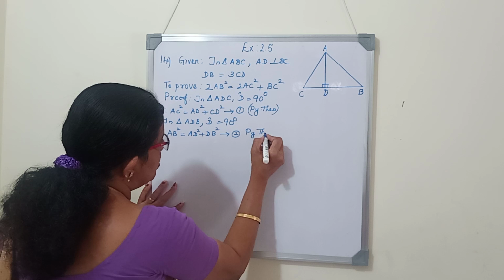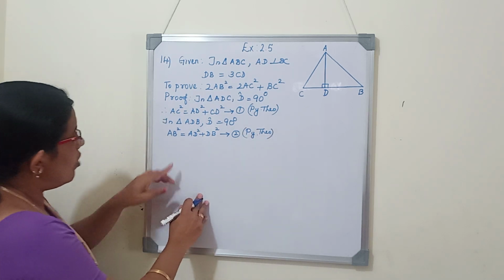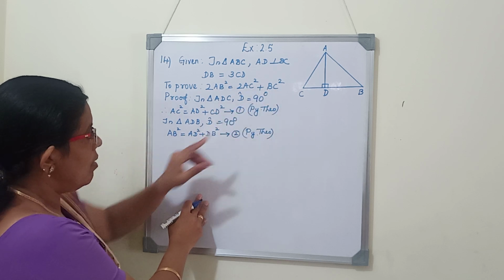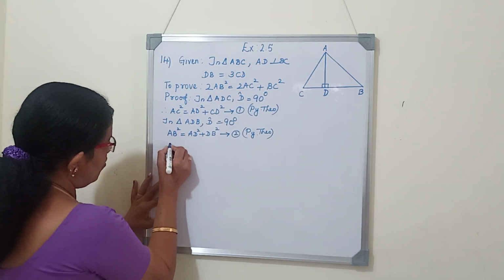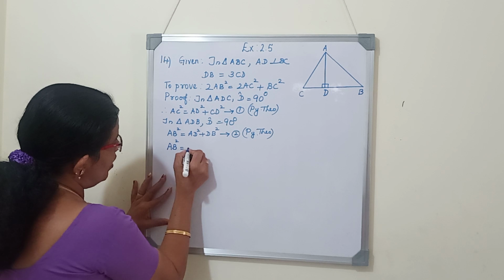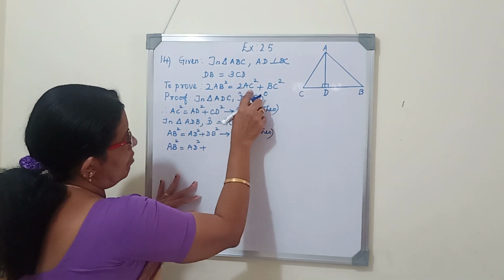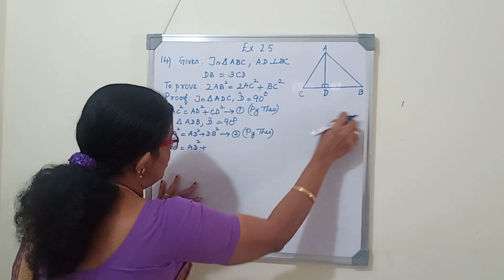Now here in the second equation, we wanted to get 2AB square equal to 2AC square plus BC square. So we'll continue this equation. AB square equals AD square plus DB, which is not given in the proof. Instead of that, we want BC.